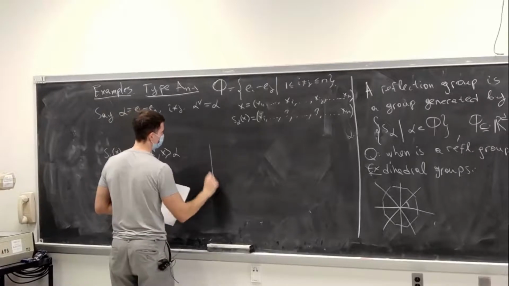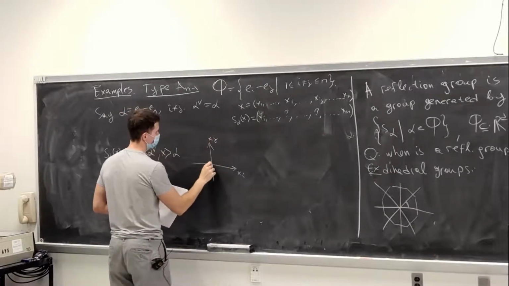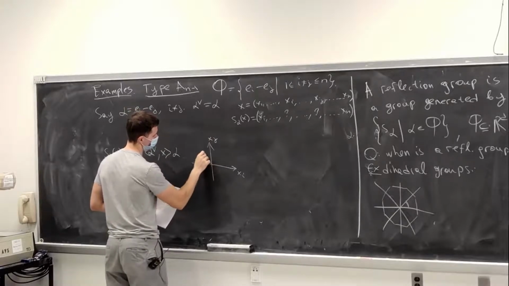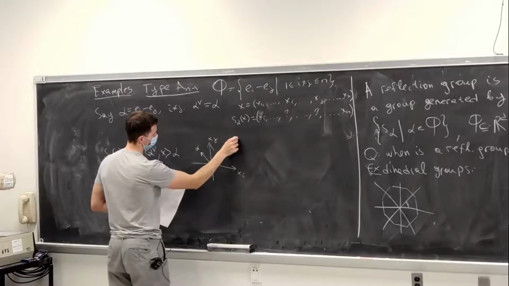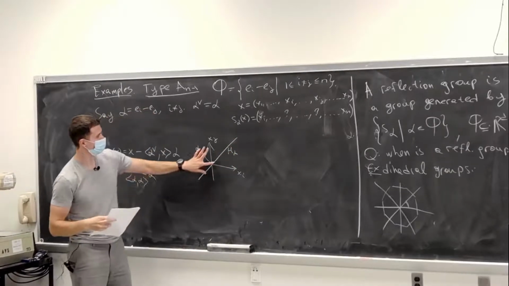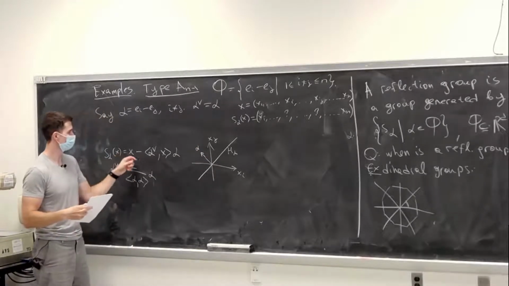Okay, so you want a picture where I have xi and xj, and then alpha is e_i minus e_j, so you want alpha here. Then this is going to be H_alpha. So the reflection is swapping the two coordinates, which you can also write down with this formula.